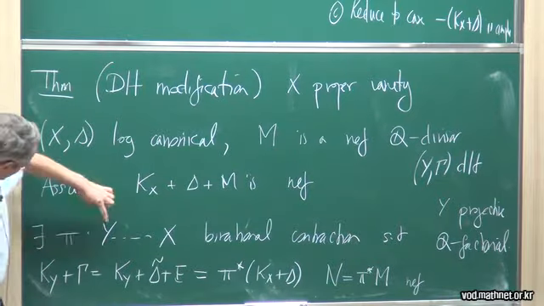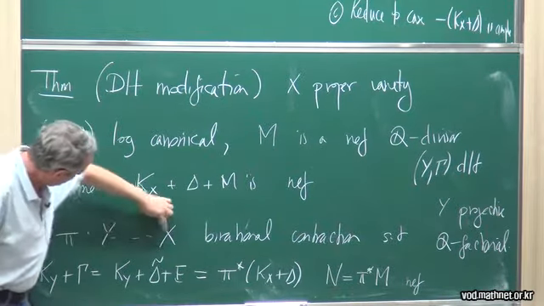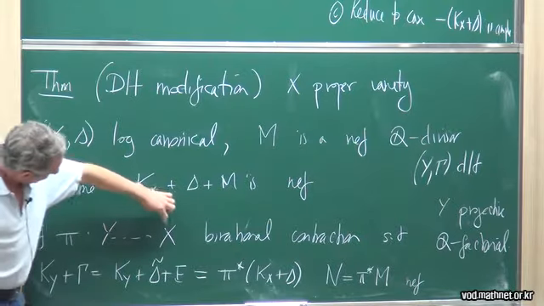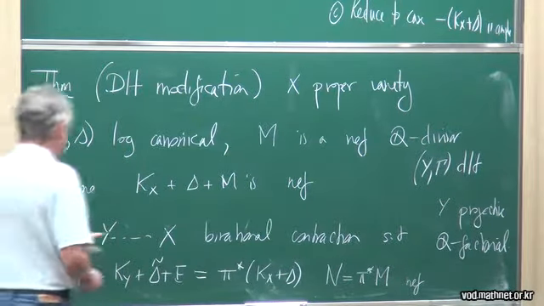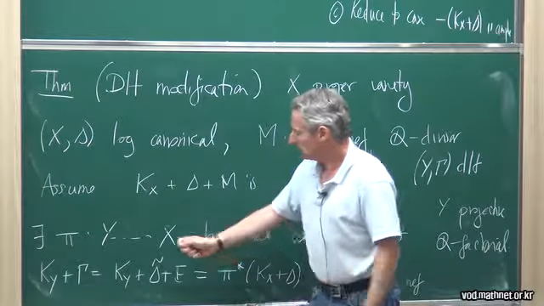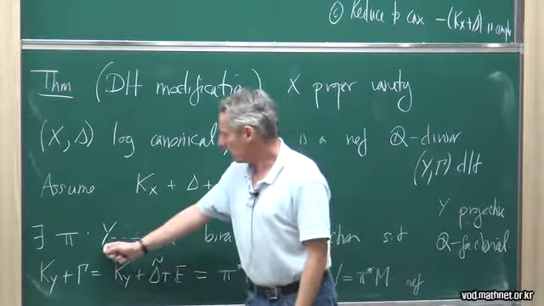But normally for a DLT modification you assume that this map is a morphism. But you're only allowed to really assume that if X is projective. So if you take the classic example of something that's proper but not projective, there's just no way you can assume that.